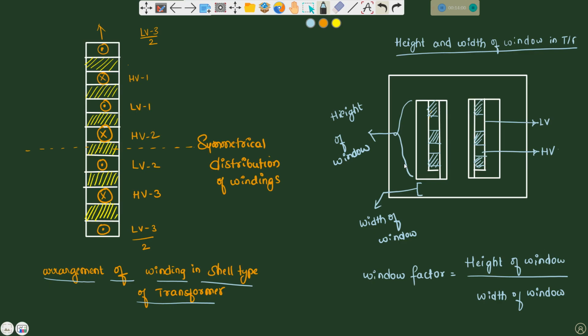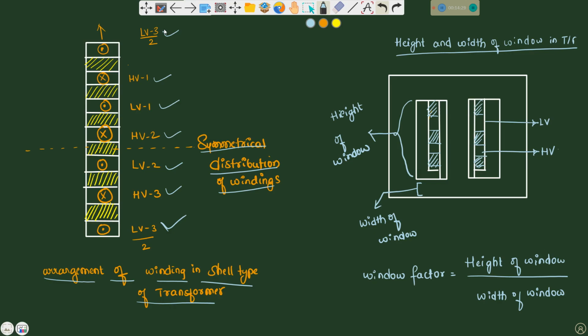So to reduce it, we go with interleaved concentric windings in the core transformer. In the shell type transformer, we go for sandwiching technology. Here a symmetrical distribution of windings takes place. See here HV1, LV1 and HV2, LV2. HV3 and LV3 are divided here. Okay.